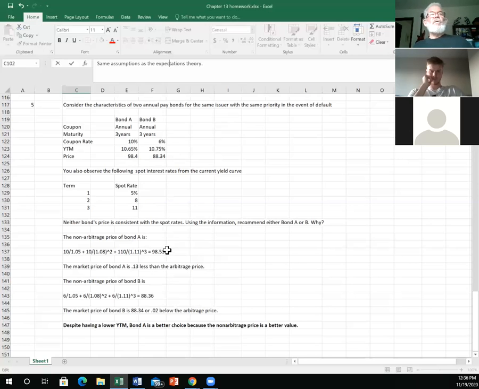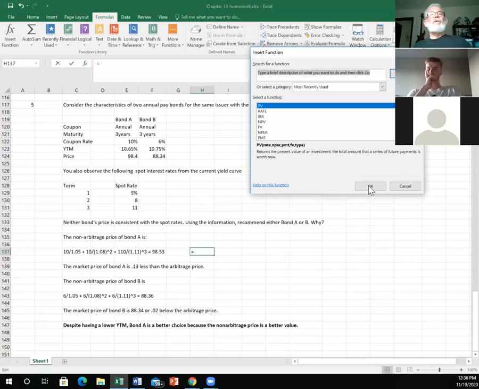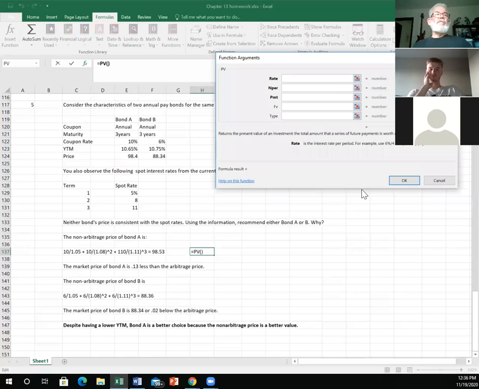Now, one thing it's important for you guys to realize is that we could have done this formula over here by just using the present value formula. We could have said the rate is 5%. The number of periods is 1. And the future value is going to be 10.